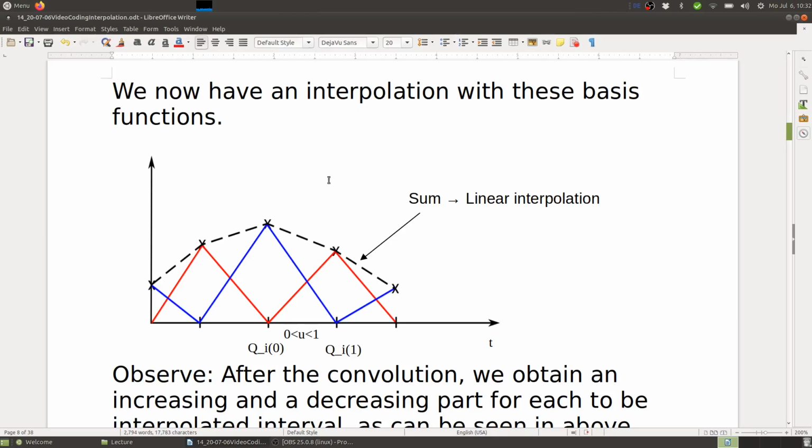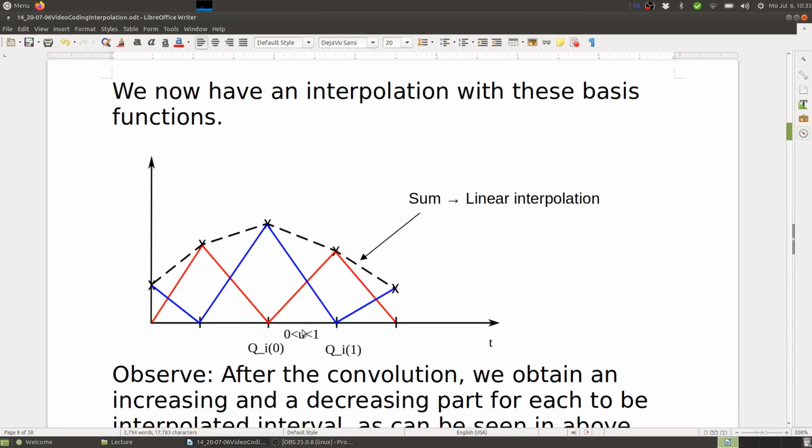So now we have an interpolation with these basis functions. Here you can see again we have our pixels as crosses. Here's our x-axis, for instance, along a line. Could also be time, t. And here we can see the integer x values, 0, 1, 2, 3.